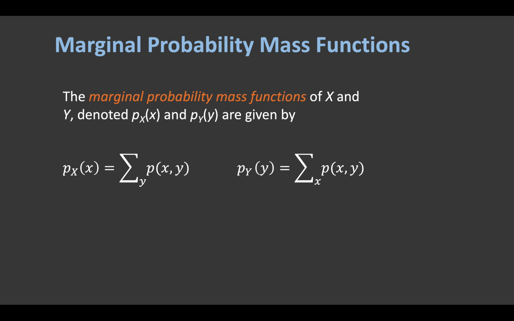And same here, if we are trying to calculate the marginal probability mass function for y, it's the same thing. We control y, this y value is determined, but then we just add all the x together. So that gives us the marginal probability of y.